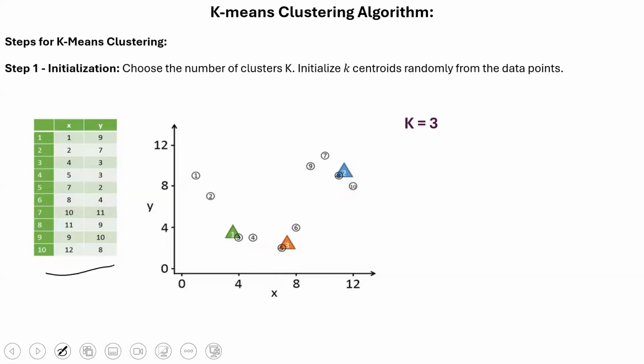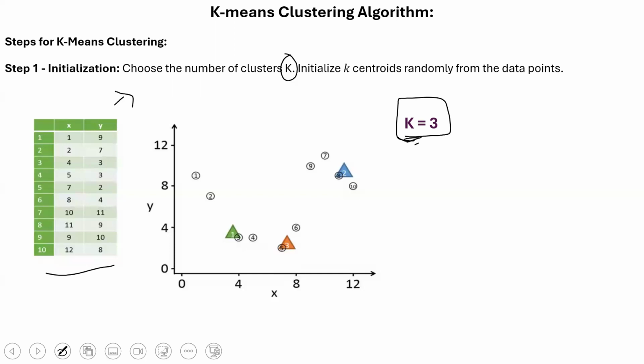You have to initialize the k value, a user-defined parameter, to form the number of clusters at the end. The first step in k-means clustering is to choose the number of clusters k. Now I have chosen the number of clusters as 3. I want to come up with 3 clusters from this data.